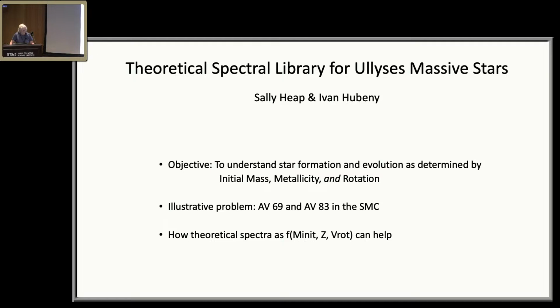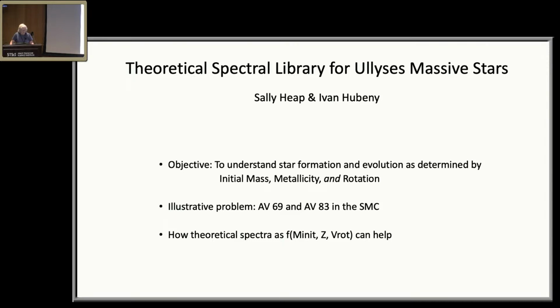We can infer the metallicity and rotation rate from observations, but we can't infer the initial mass or age directly from observations. That takes forward modeling with checks and refinements from observations.